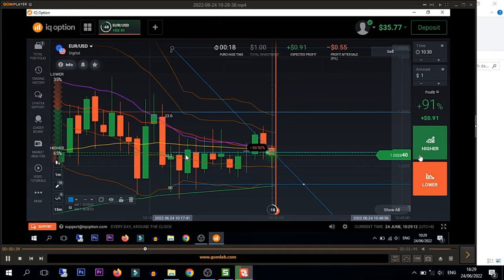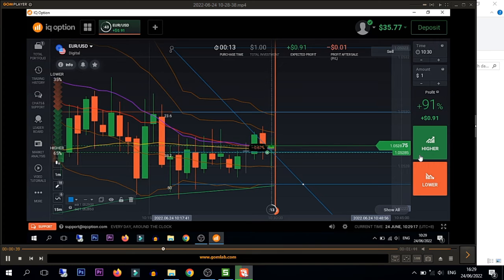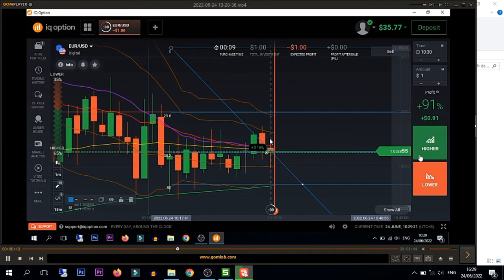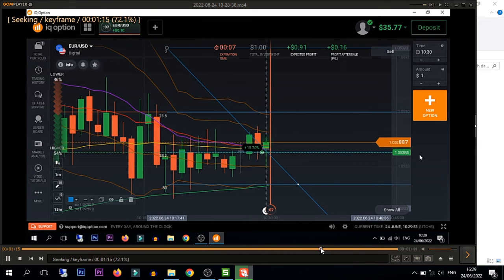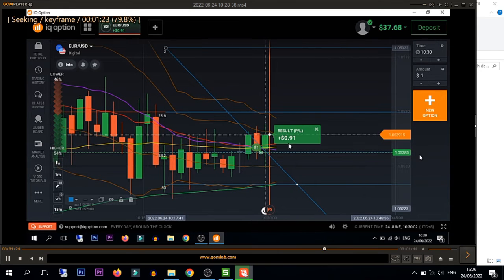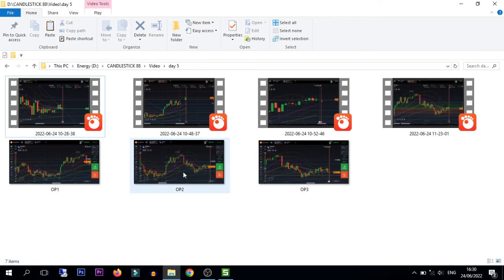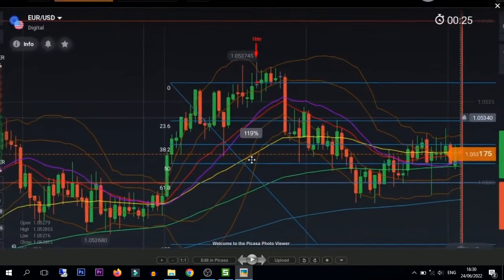This level was a little bit strong, but maybe only for one candle. Okay, and then it ended up bullish as you see, so the movement was fast. Okay, this is bullish.